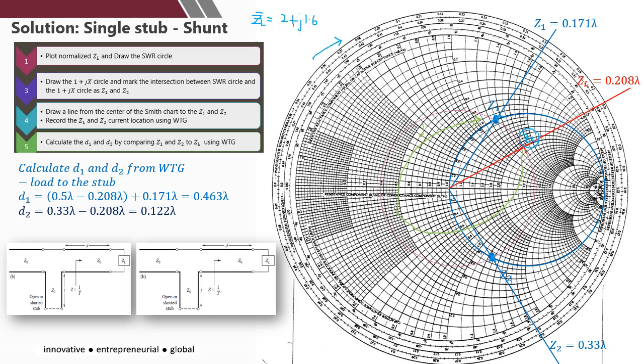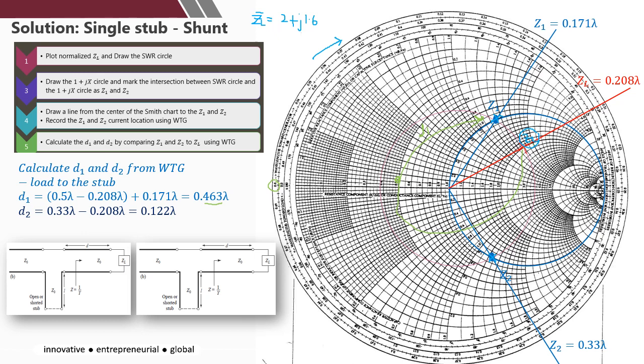Okay, so this is your D1. So D1 basically here is 0.5 minus this position 0.208, and then plus from here to here 0.171, so you get 0.463.